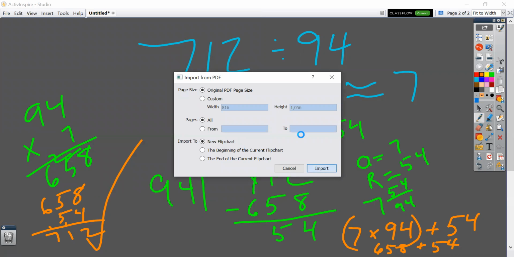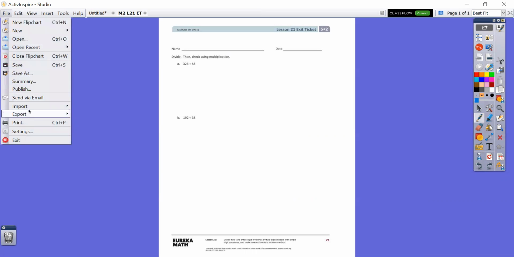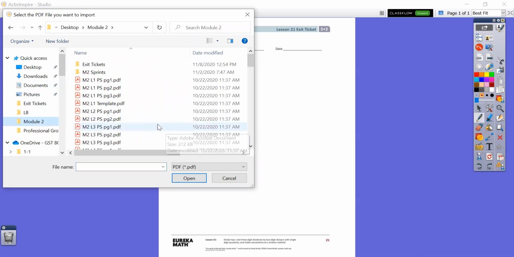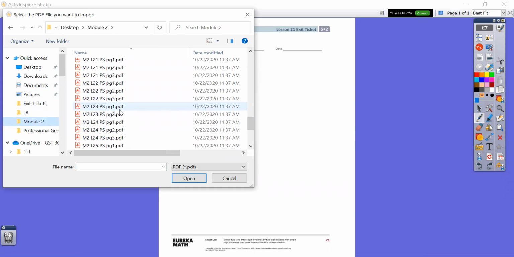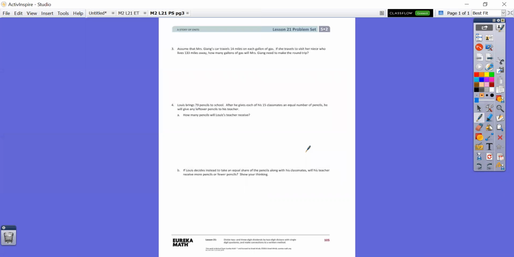It's probably the wrong page. That's the wrong page. That's the exit ticket. Mr. Briggs, come on. It's the problem set, and I think 3rd page. Come on, Briggs. Yes, this is the one.